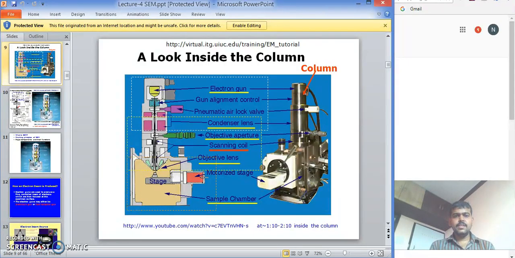Here is the inside look of the column of the SEM, wherein you can find the electron gun, gun alignment control, pneumatic airlock valve, condenser lens, objective aperture, scanning coil, objective lens, motorized stage, and the sample chamber.